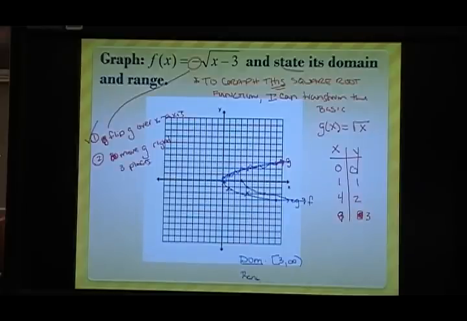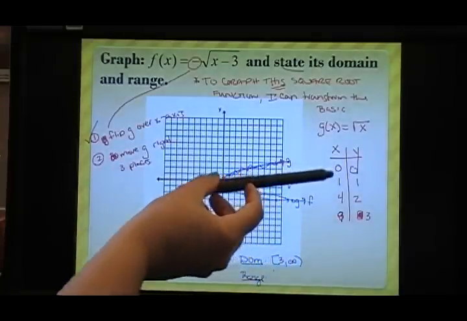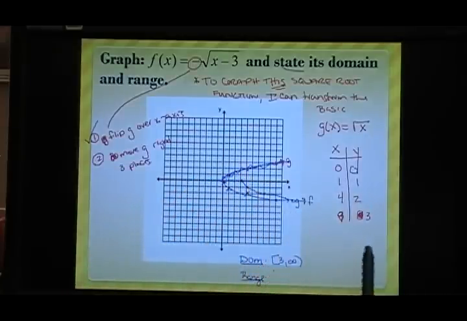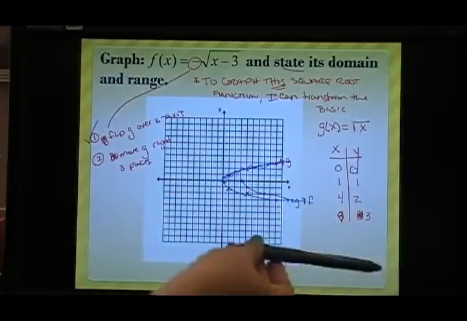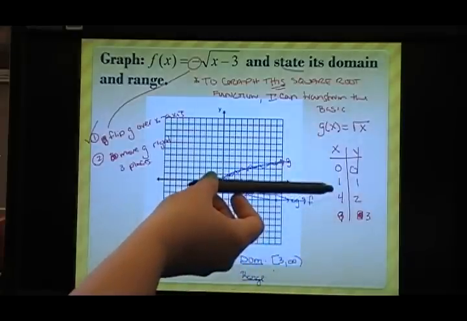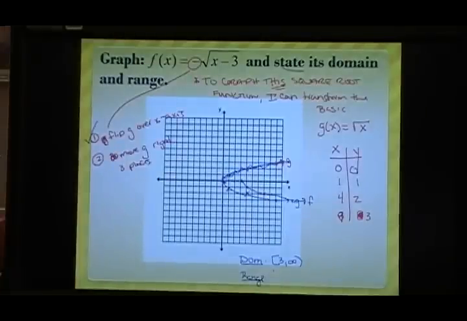For range, when we're trying to determine range, always go from lowest y value to highest y value. So I'm looking at my function and it does come down here. So I do have values from -infinity all the way up to the y value of this point, which is 0. So the range of this function is every real number from -infinity to 0.